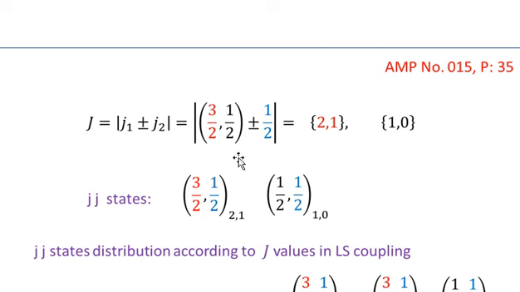For example, the term 3 half shown in red and the 1 half in blue were combined to produce the total value of capital J as 2, 1, so I have written 2, 1 with that term. Similarly, 1 half in black and 1 half in blue were combined to produce the total quantum number J as 1, 0, which I have written as the subscript with the corresponding terms. So these are the four JJ terms.